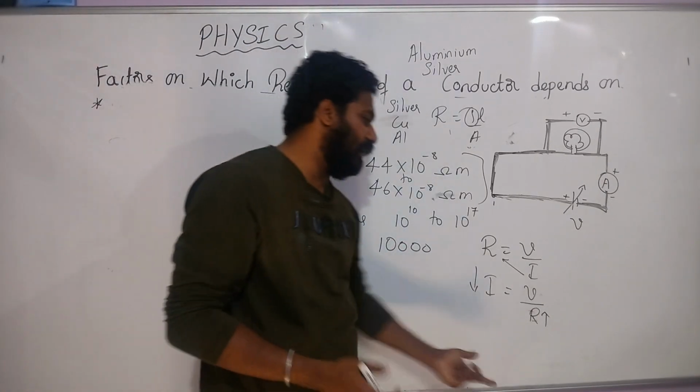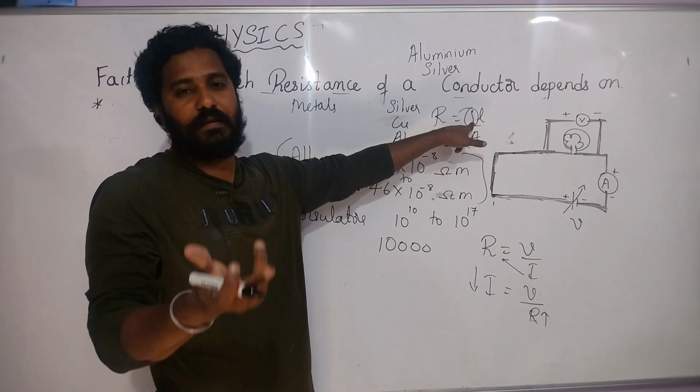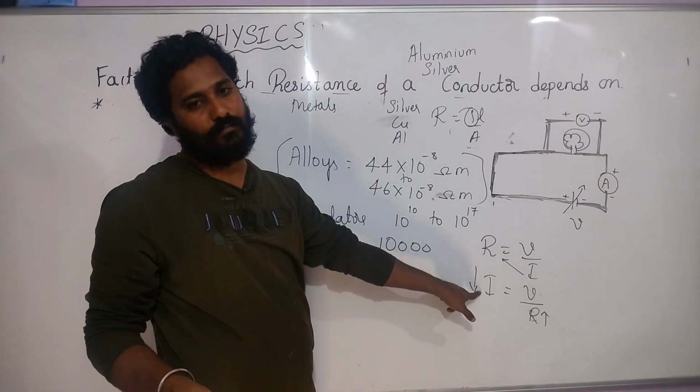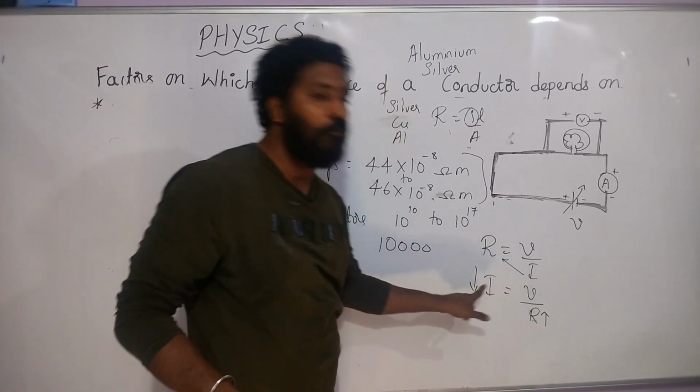From that I can say, more resistivity means more resistance, and more resistance means less current; less resistivity means less resistance, which means more current.